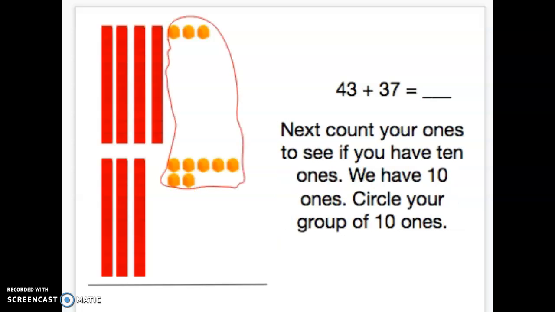Next, count your ones to see if you have 10 ones. So we have 3, 4, 5, 6, 7, 8, 9, 10. I have exactly 10. Since we have 10 ones, go ahead and circle your group of 10 ones on your paper.